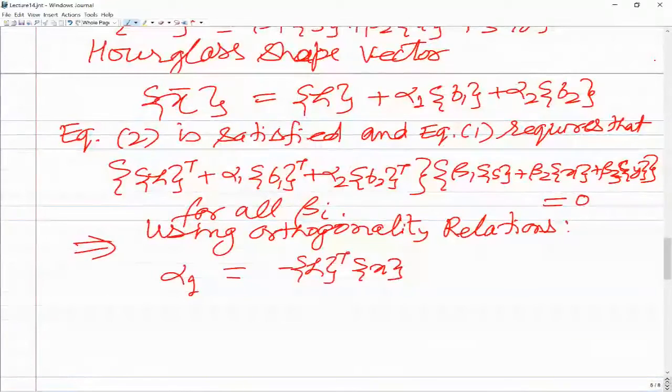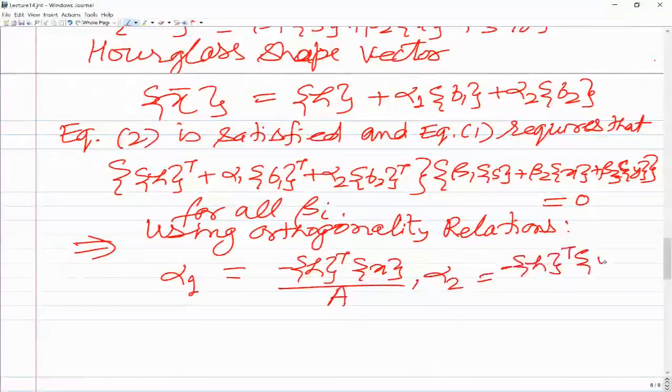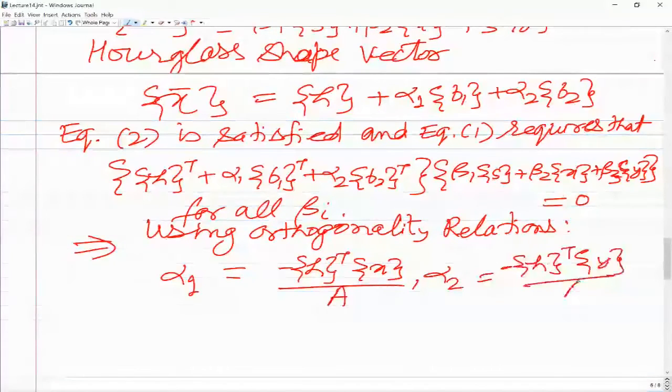This multiplication will have 9 terms from the orthogonality relation. Some of these would be 0, some of these you can write in terms of area, and for the coefficient of beta 1 equal to 0, beta 2 equal to 0, beta 3 equal to 0, because this should be true for all beta, you will get alpha 1 as minus h transpose into x divided by the area of the element, and alpha 2 as minus h transpose into y divided by the area of the element.